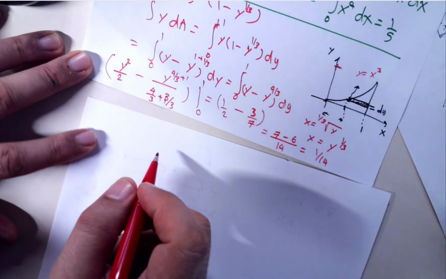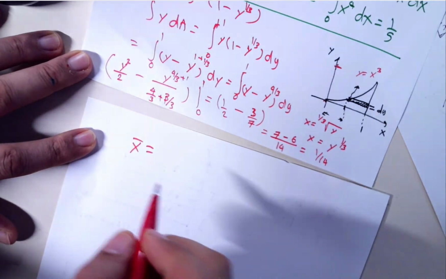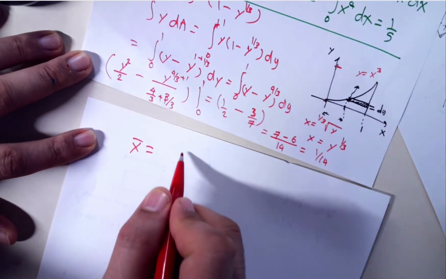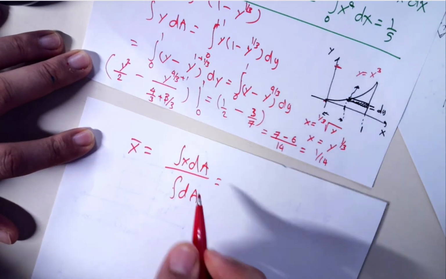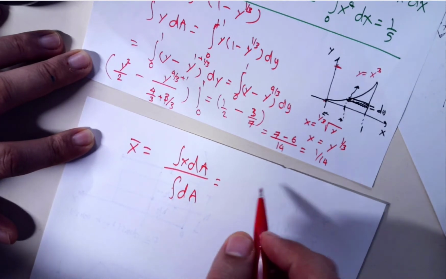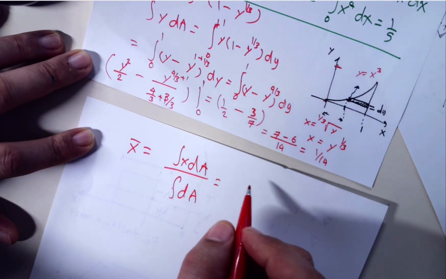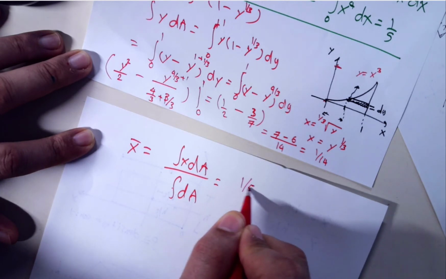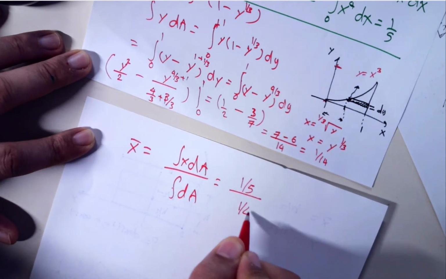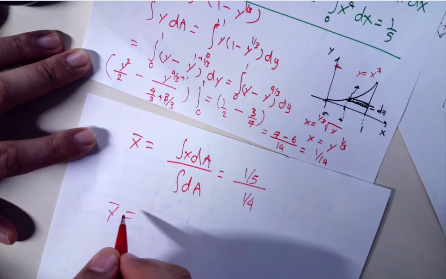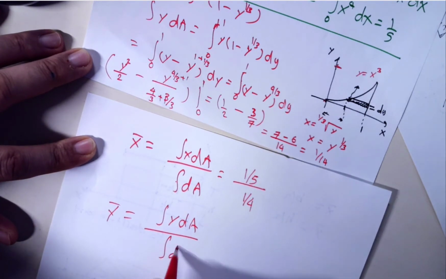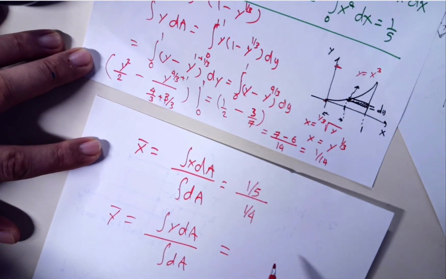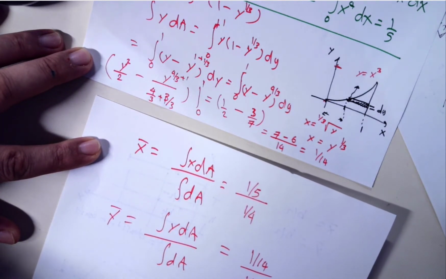Alright, so what we got is x bar is going to be equal to the integral of x dA over the integral of dA. From our calculation, this is equal to 1/5 over 1/4, and y bar is equal to the integral of y dA over the integral of dA, and this is equal to 1 over 14 over 1 over 4.